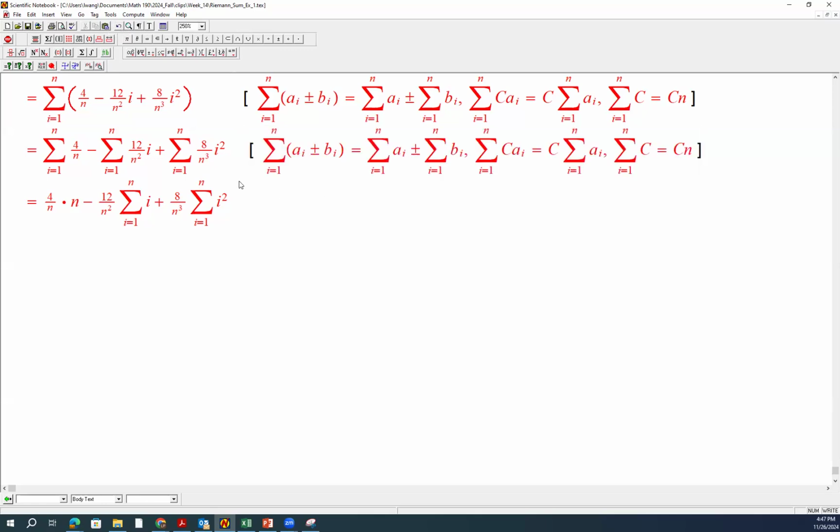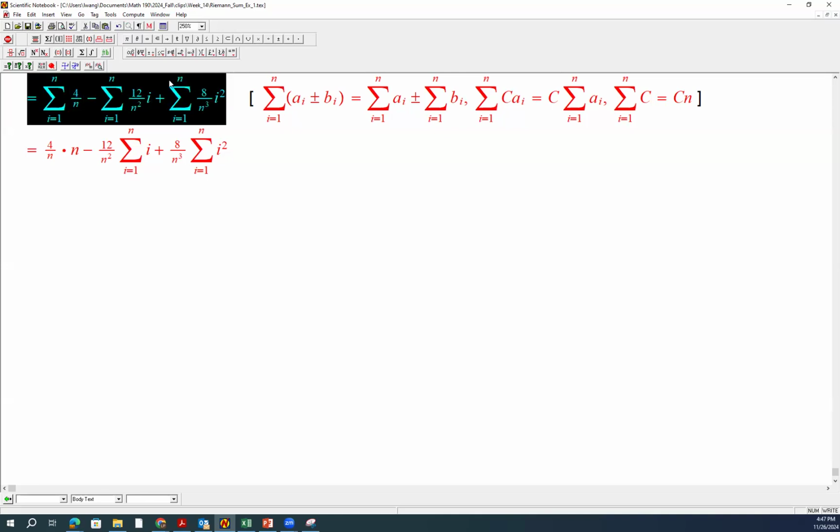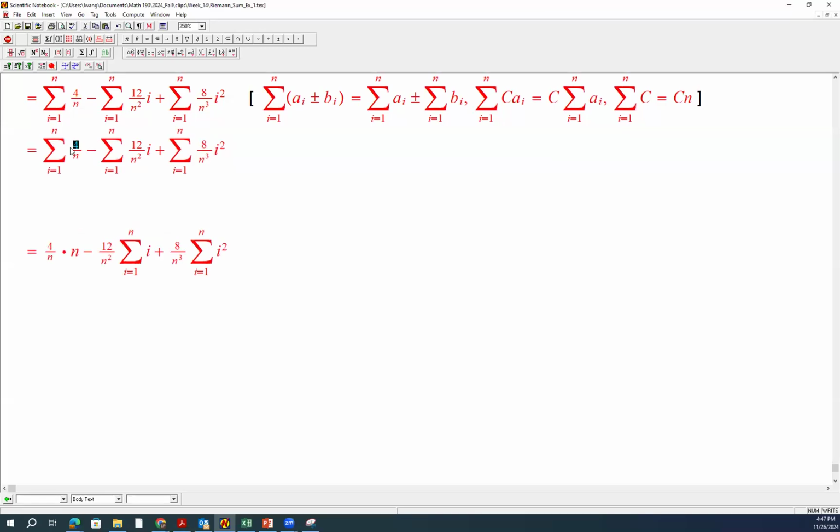And first, look at the first summation. In the first summation, 4 can be treated as a constant. I'm going to write an extra step to show you the process. 4 can be treated as a constant, so I can bring the 4 outside. 1 over n can also be treated as a constant.